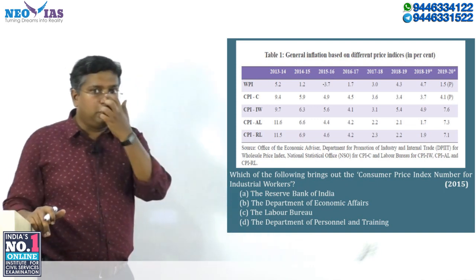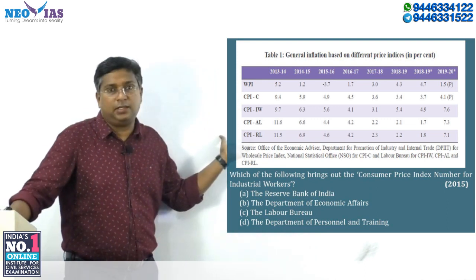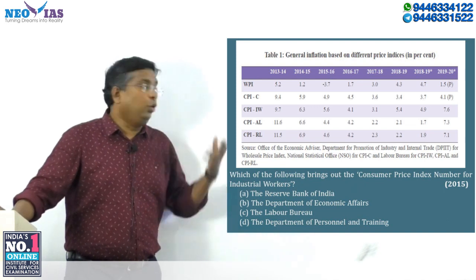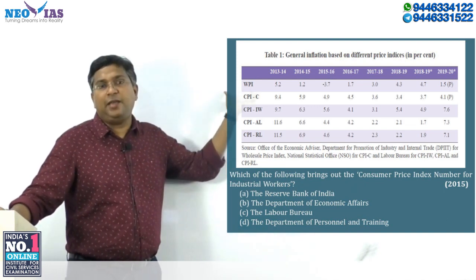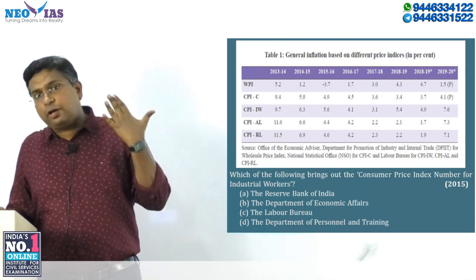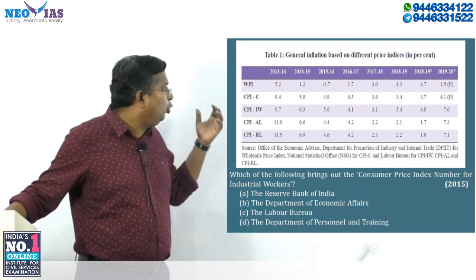Then another important point to note down regarding inflation is that these are the different important indexes where we measure inflation. You need to know who releases these different types of indexes, because UPSC has already asked. And every economic survey will mention who releases each index.